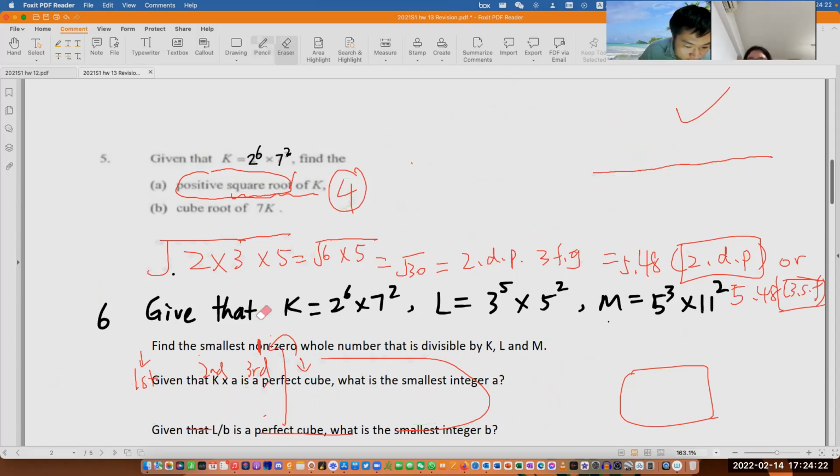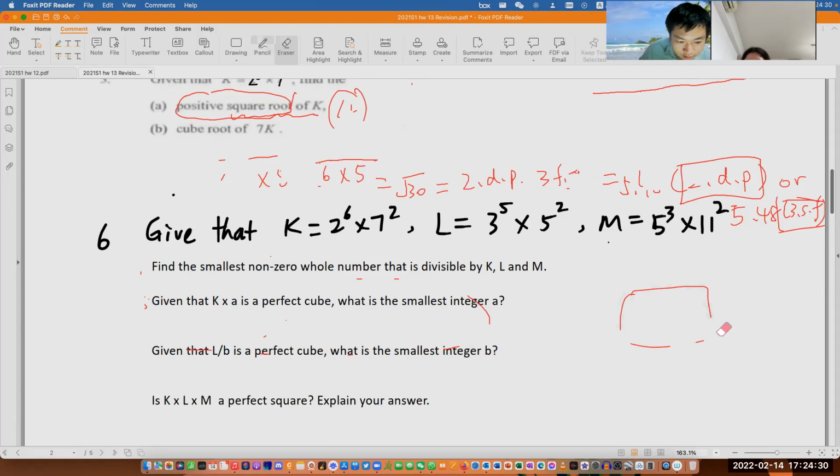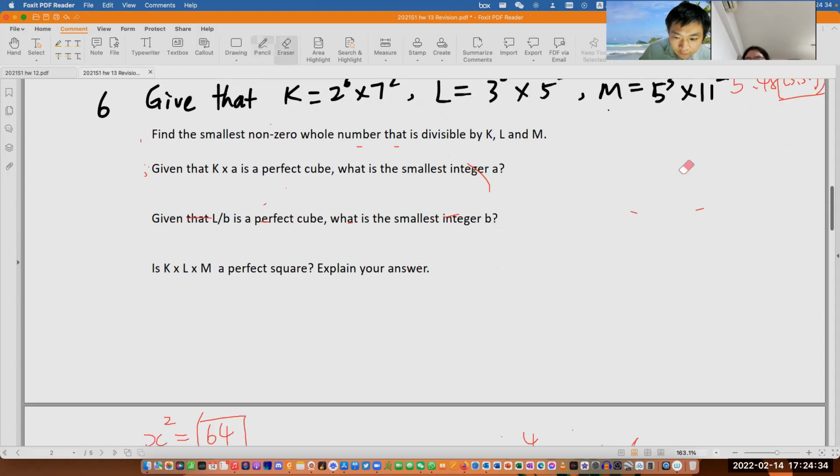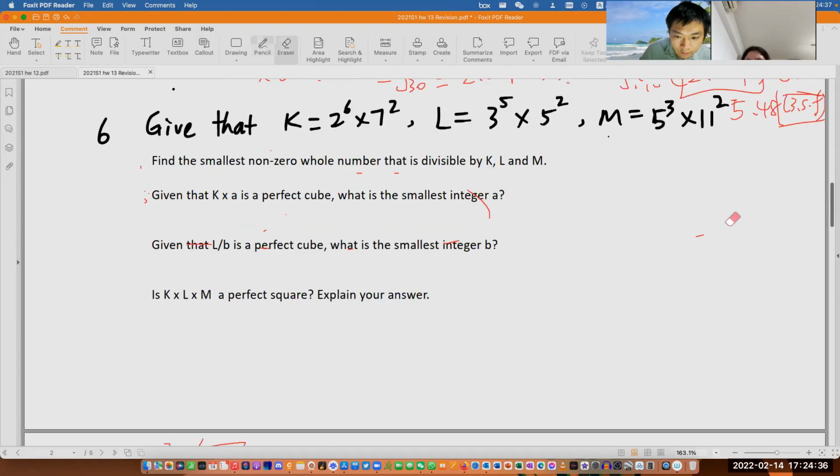Attempt question 6. By the way, question 6 is more advanced and more interesting. Okay, good. Question 6, please do it somewhere here. Yeah, good.